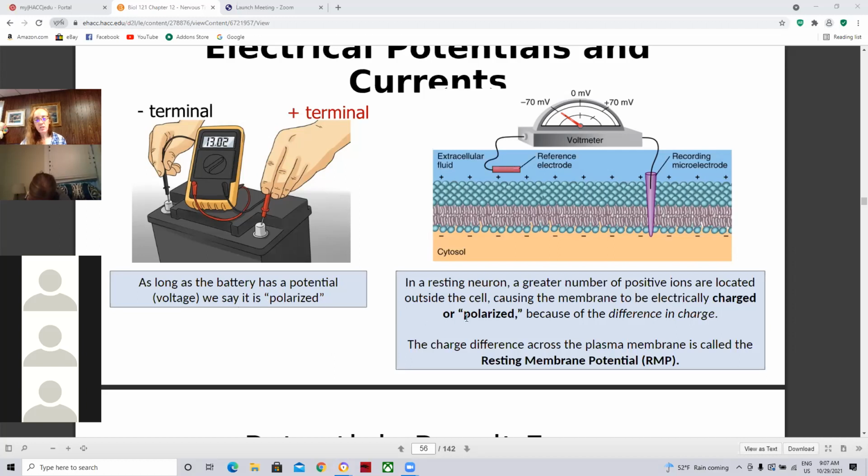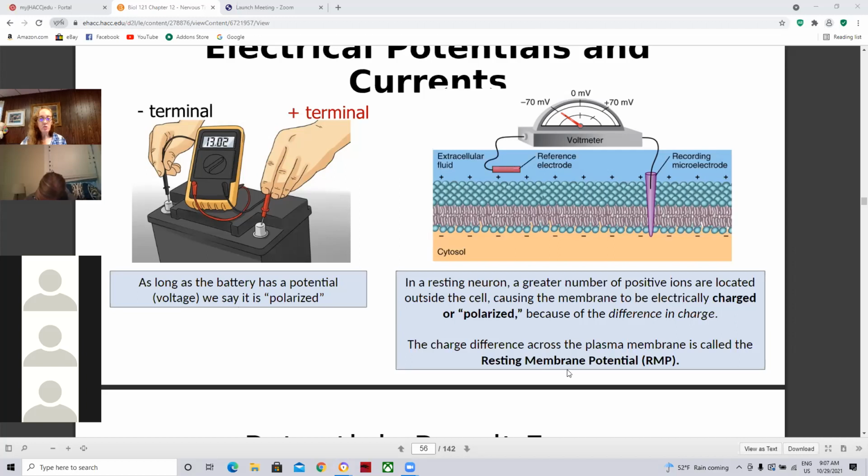In a resting neuron, the greater number of positive ions are located outside of the cell, causing the membrane to be electrically charged or polarized, because of the difference in charge. This charge difference is called the resting membrane potential.